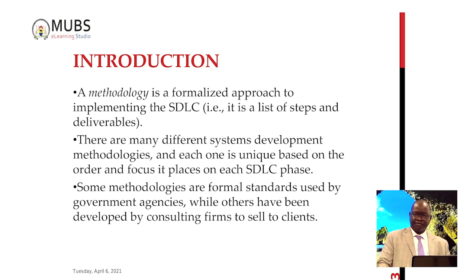If you are asked to solve a simple simultaneous equation, you may use elimination method, you may use graphical method, or you may use substitution method. By the end, you get the same answer, but the ways are different.